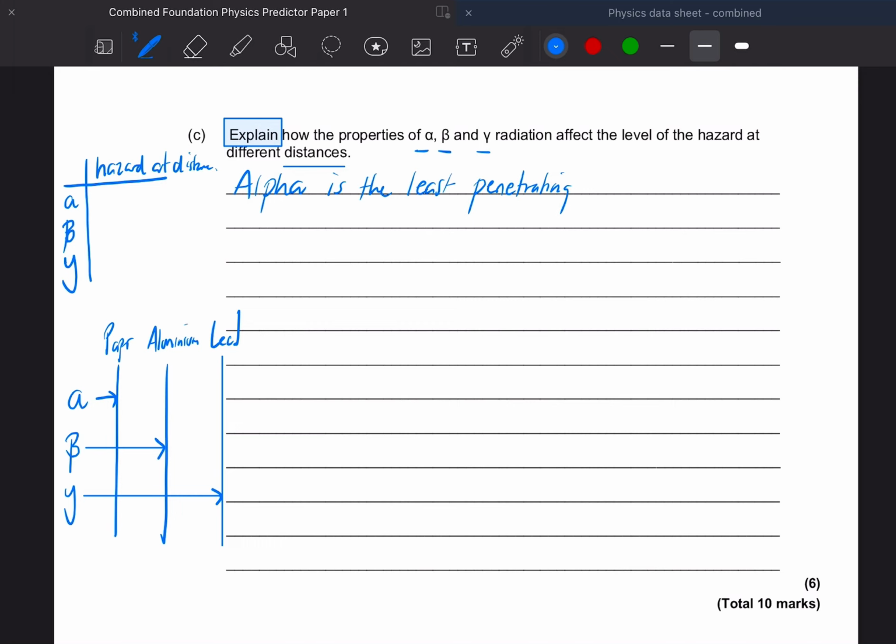You can see that it's stopped by the paper. So alpha is the least penetrating of the three types of decay. It can only travel a short range in air.